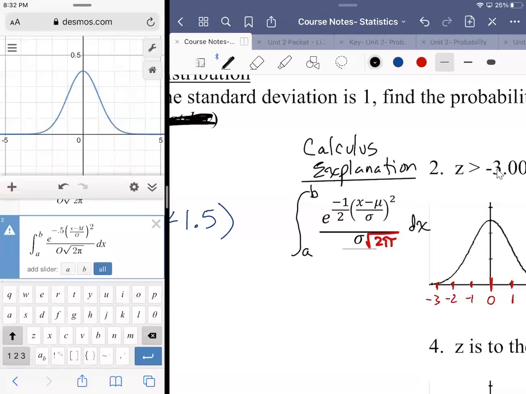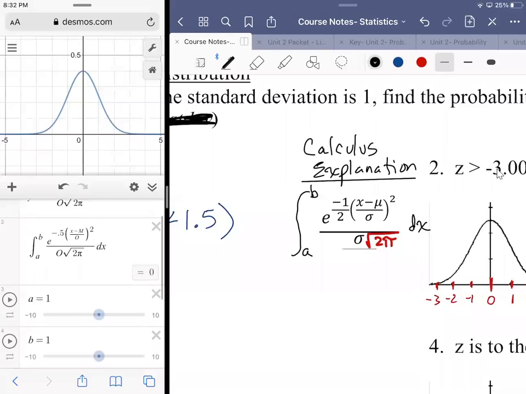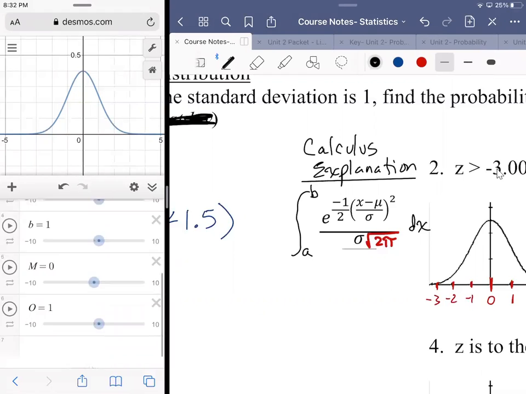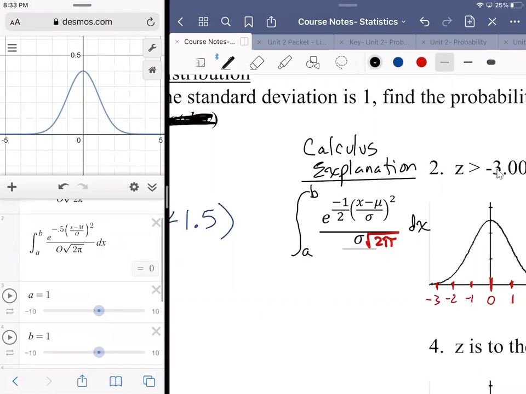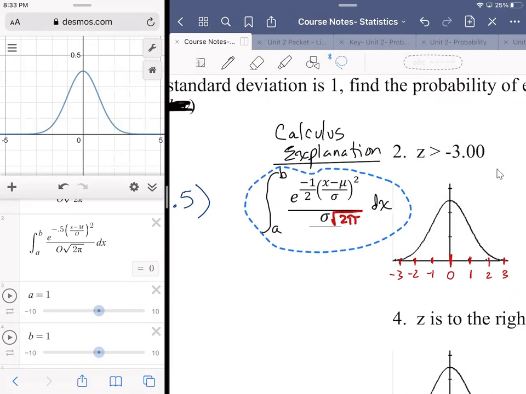And again, we need sliders, always need sliders. This is reliant on whatever we have for mu and sigma and a and b. So in this case, I'm just going to snag this real quick.